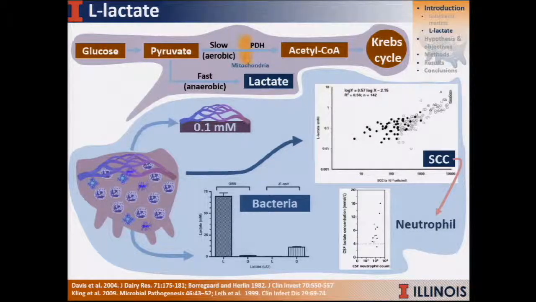There are two important case studies reporting a positive linear association between somatic cell count and milk lactate concentration. In bacterial meningitis in humans, they found that an increase in neutrophils was associated with an increase in cerebrospinal fluid lactate concentration. So we can probably say that the neutrophil is the main source of the higher milk lactate concentration in mastitic milk.